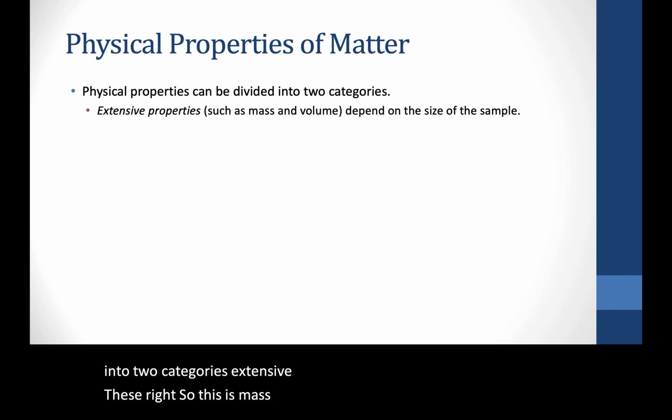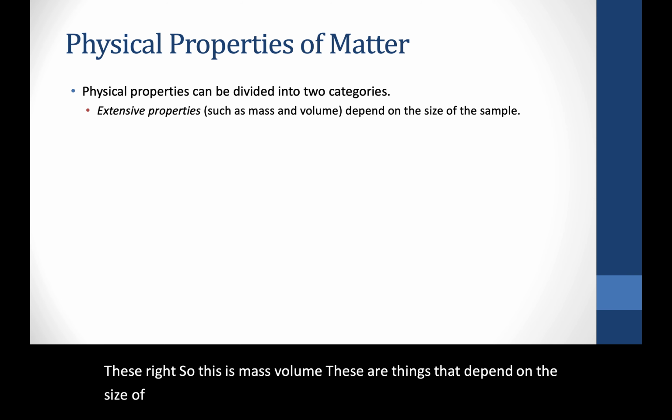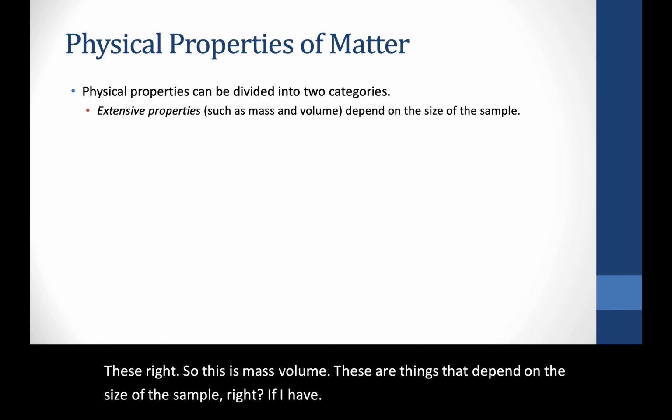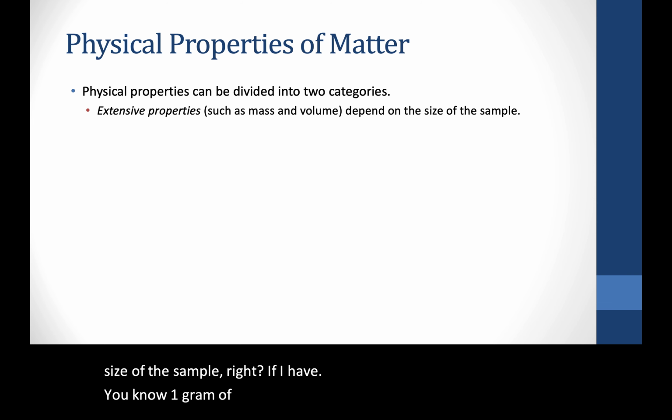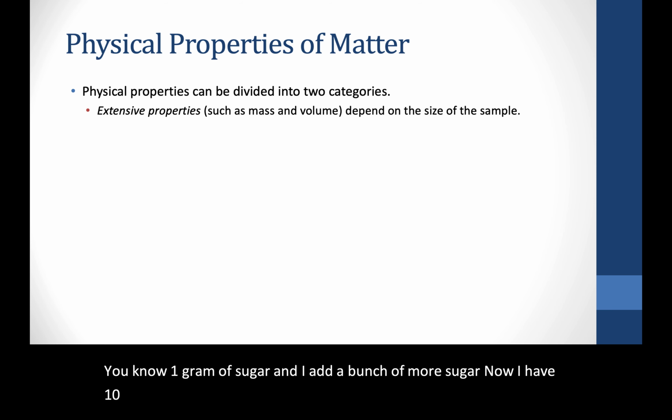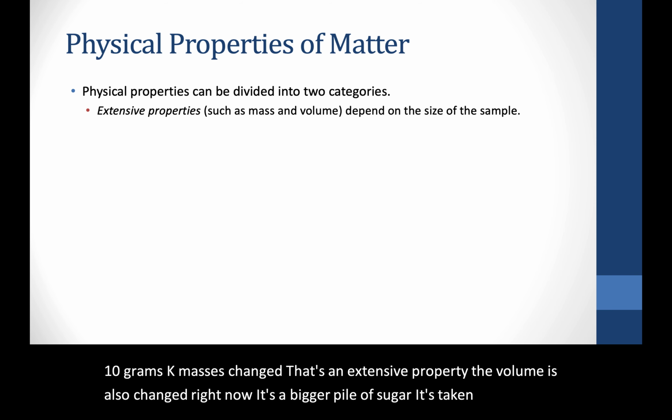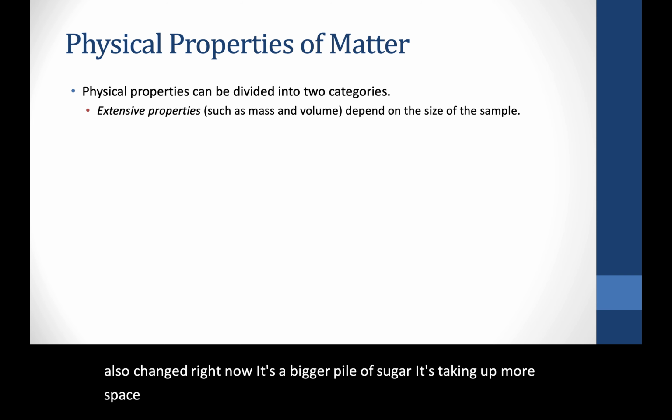These are things that depend on the size of the sample, right? If I have 1 gram of sugar and I add a bunch more sugar, now I have like 10 grams, okay? Mass has changed. That's an extensive property. The volume has also changed, right? Now it's a bigger pile of sugar. It's taking up more space. So extensive properties depend on the size of your sample.